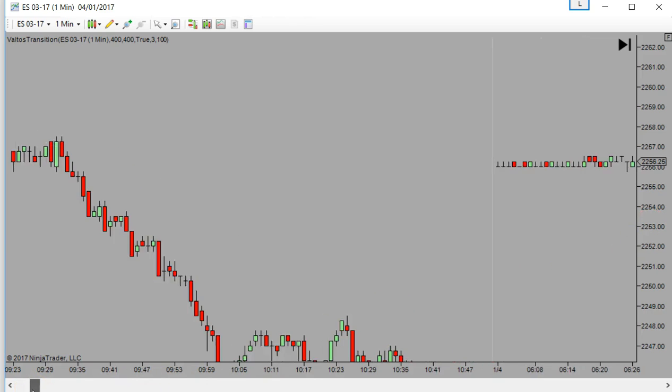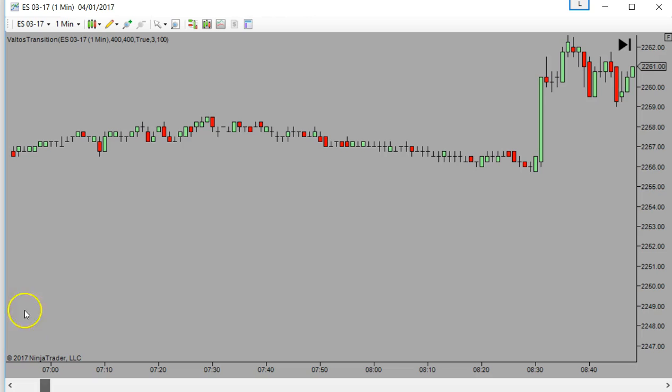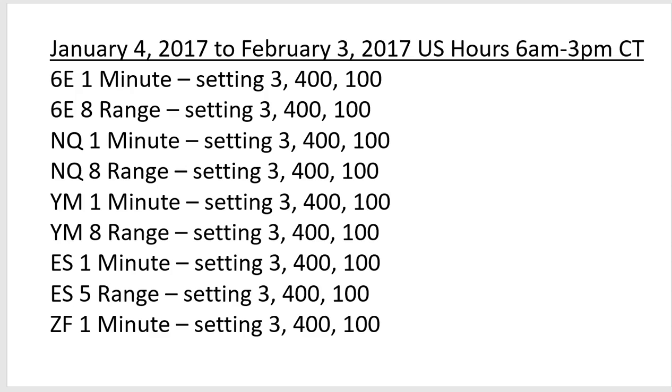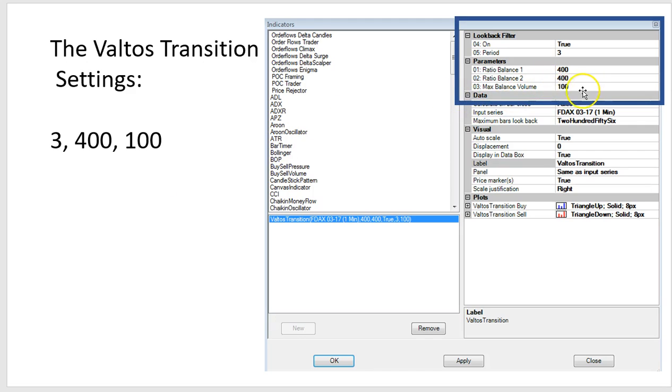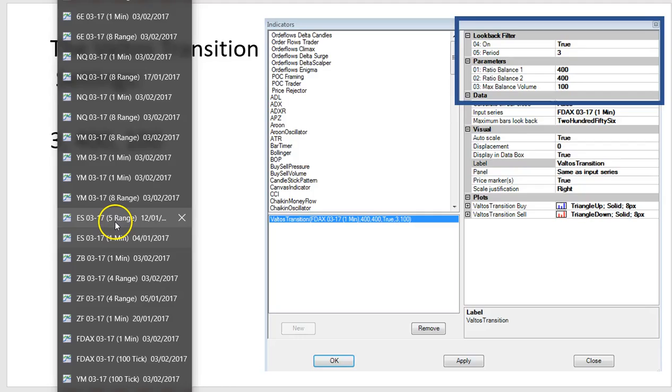This is a more liquid contract, so maybe you might want to adjust this setting here, the 100, the max balance volume. Maybe you could blow it out to try 200. Give it a try. Give it some different numbers.